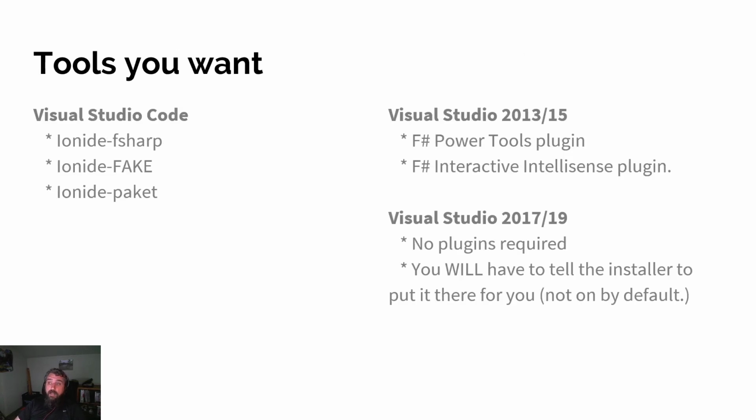So some tools you're going to want. If you're going to use Visual Studio Code, which most everybody else is out there in the world, use the Ionide stuff. Christoph started it, but that whole Ionide team has just been rocking and making a fantastic editor experience, just superb. So you just install those extensions to Visual Studio Code, and you're off and running.